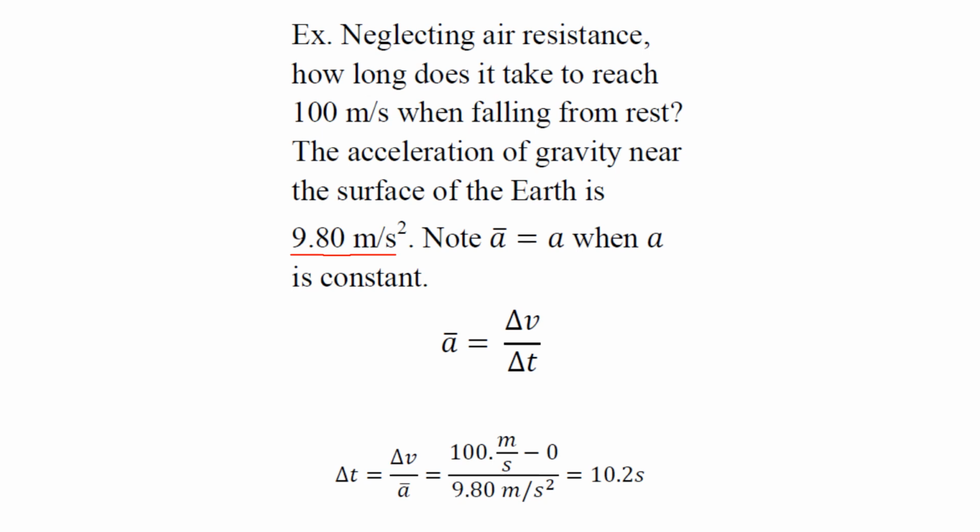Some classes will use 9.80, some will use 9.81. It doesn't matter, though they are slightly different at three significant figures. Anyway, I'm going to try to remember to use 9.80 so that we don't have to worry about coming out with different numbers.